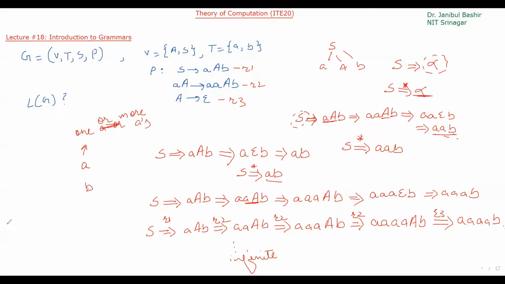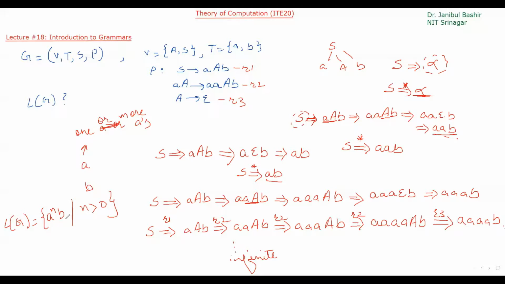So I can write the language of this grammar is equal to a raised power n b such that n is greater than 0. So that means it will generate all strings of this type, a raised power n b, where n is greater than 0.